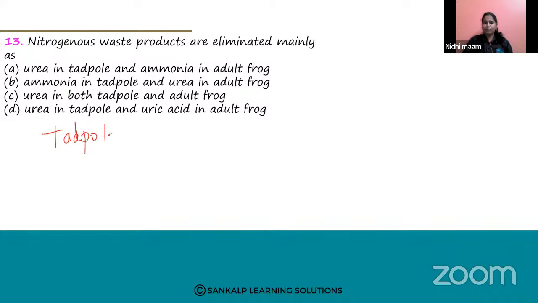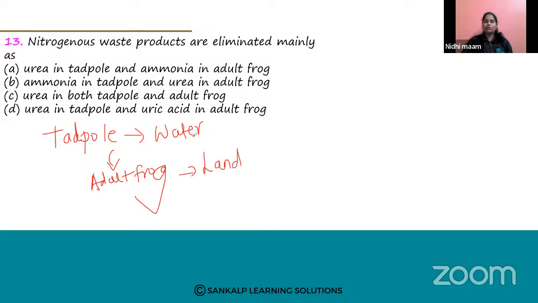This tadpole lives in water, so it will be aquatic. When metamorphosis occurs and the tadpole grows into an adult frog, it can live on land also. Based on this, tell me what will be the excretory substance in water and what will be the excretory substance on land. You should remember this, then you can answer such questions.